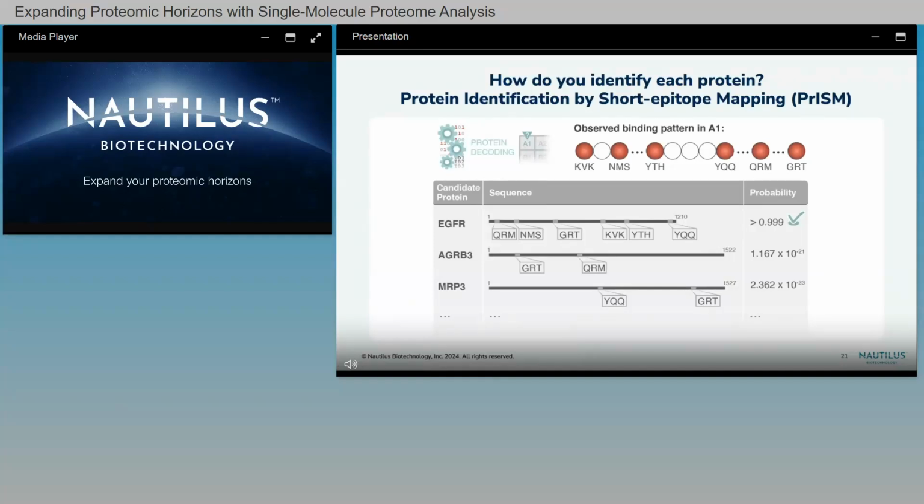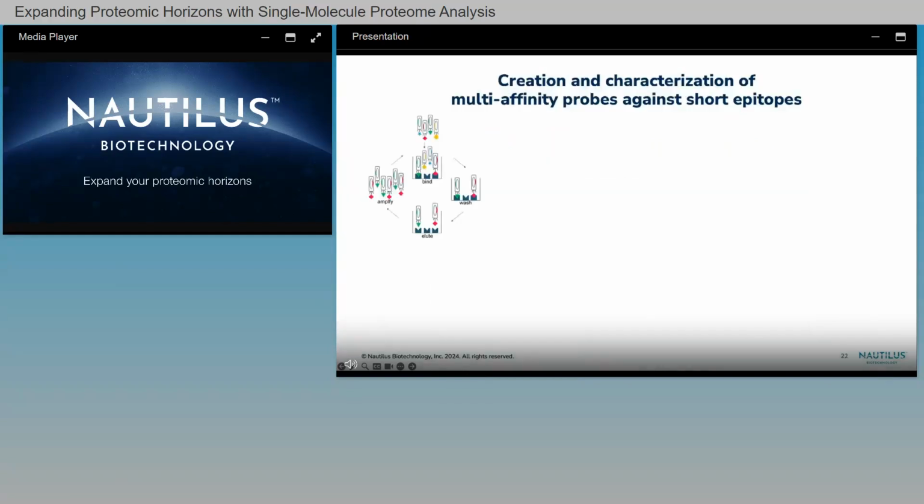One question we often get is, how does one build and characterize affinity reagents of this sort? This is a very unusual class of affinity reagents. And this has been the result of a tremendous amount of effort over a long period of time. And in fact, inside the company, we have a very, very extensive affinity reagent development team.